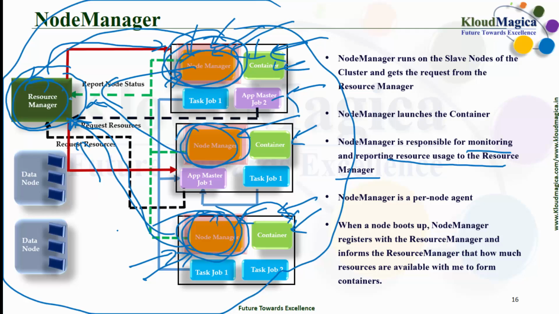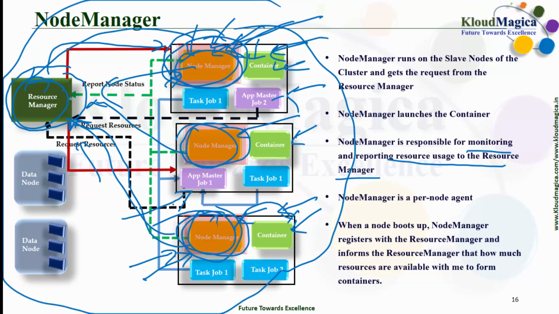The node manager does not contain any knowledge of the individual application. It will not contain any kind of information about the individual application. This responsibility is handled by a different component that is called application master.